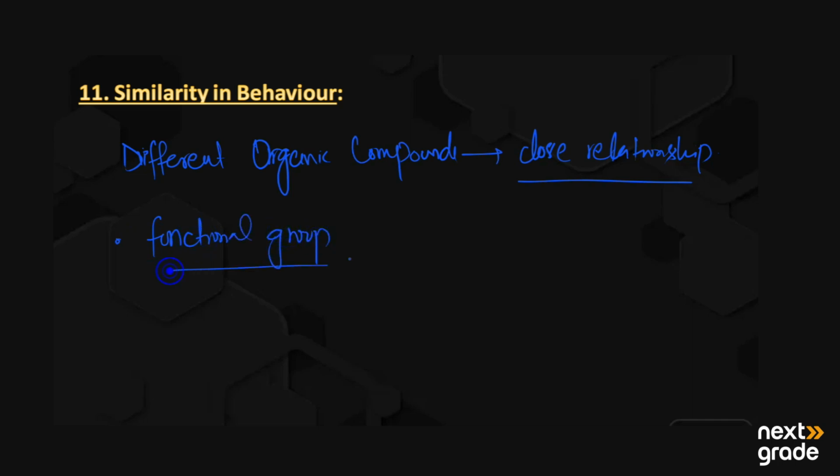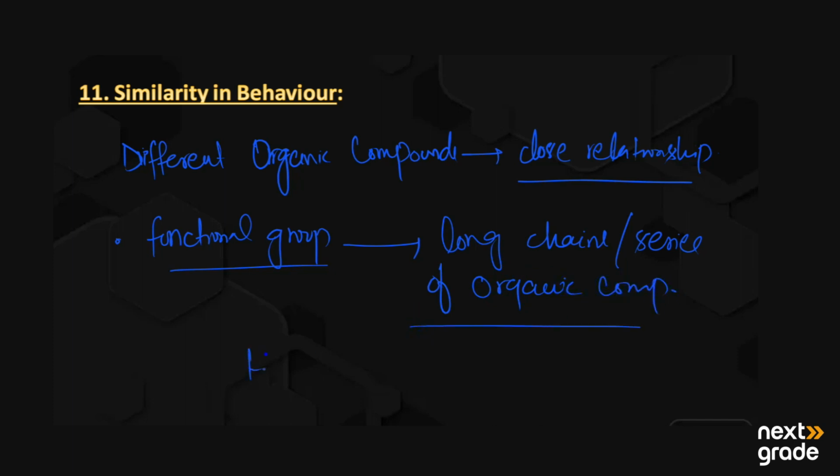And due to this similarity in behavior, they form long chains, or long series of related, or we can say similar organic compounds, and these long series of organic compounds are known as homologous series. We call it a homologous series. So they have similarity in behavior.